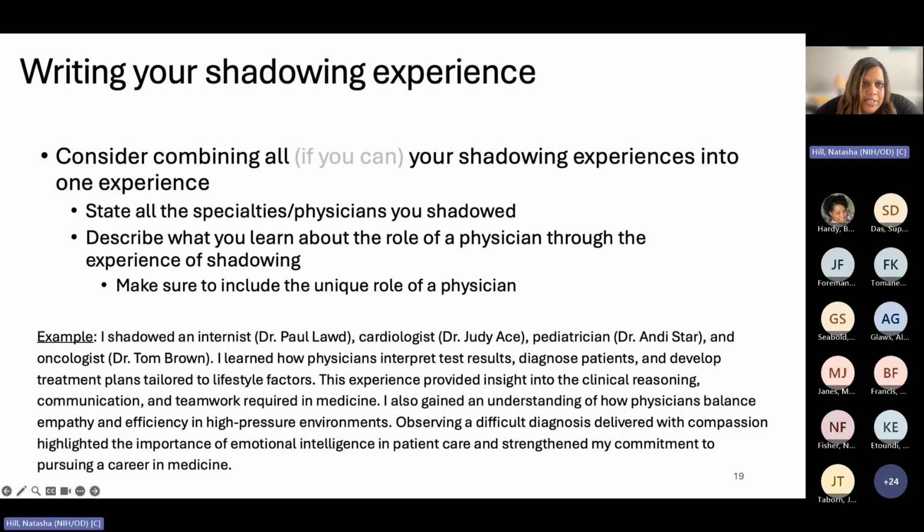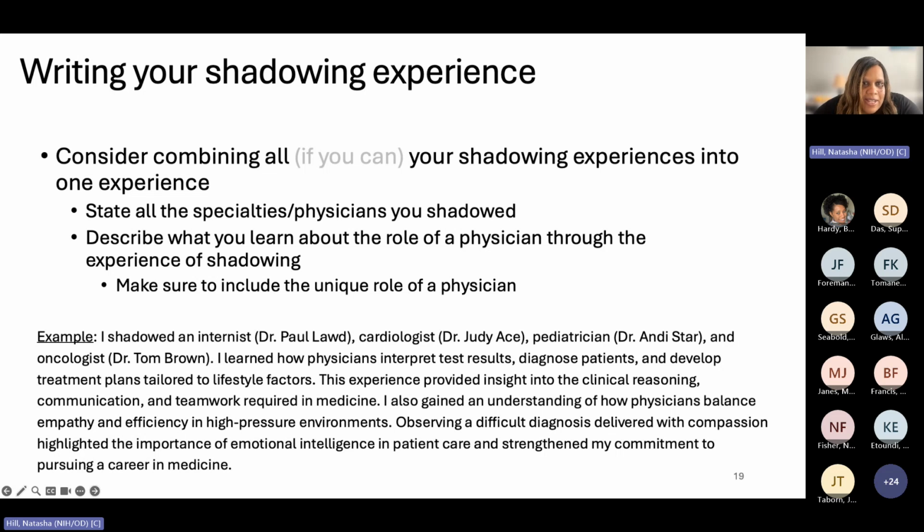I shadowed an internist, Dr. Paul, excuse me, a cardiologist, Dr. Judy Ace, a pediatrician, Dr. Andy Starr, and an oncologist, Dr. Tom Brown. I learned how physicians interpret test results, diagnose patients, and develop treatment plans tailored to lifestyle factors.